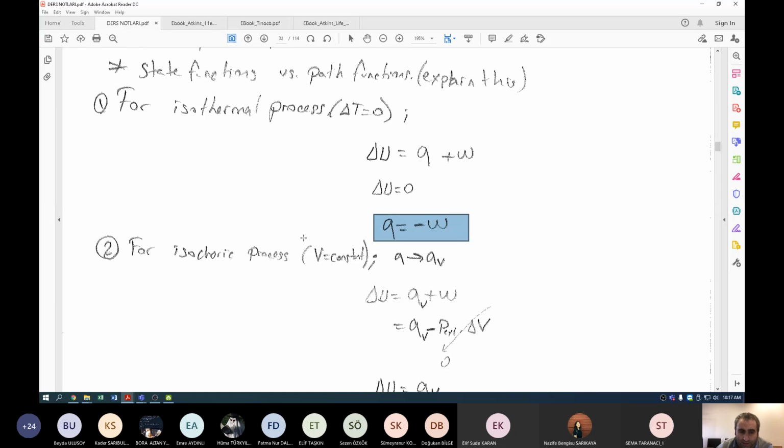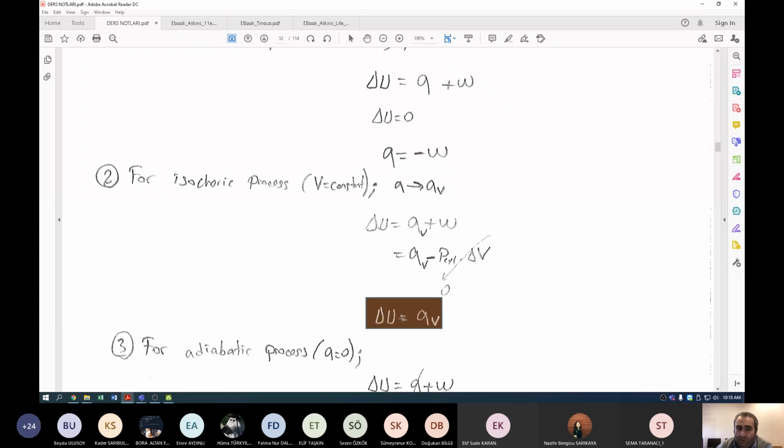For isochoric processes, which means V is constant, Q becomes QV. Then delta U becomes QV plus W. Since dV is 0, W is also 0, and delta U becomes QV. This is the result of an isochoric process.